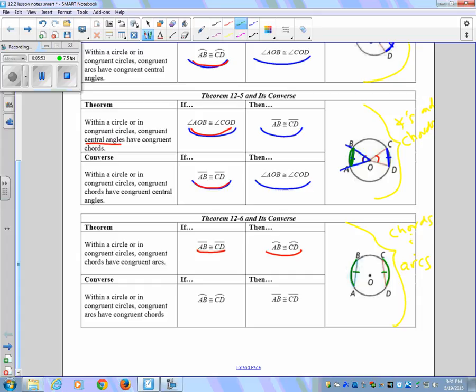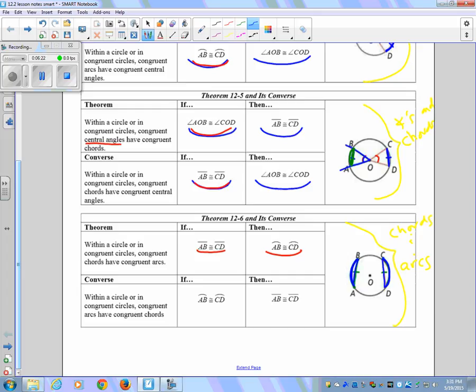So if you're given a particular chord that has, let's say in this case, endpoints A and B, then the arc that has those same endpoints are also congruent. And vice versa. If you have the arc that has a congruent measure to the other arc in the circle, then the chords are going to be congruent as well.